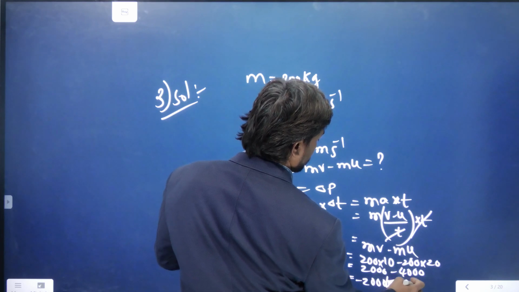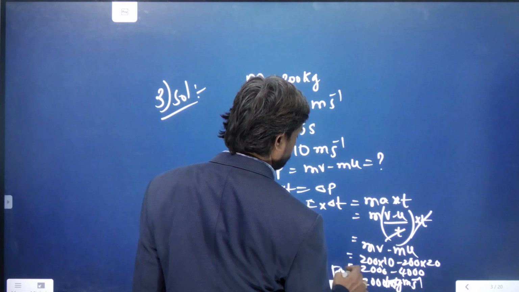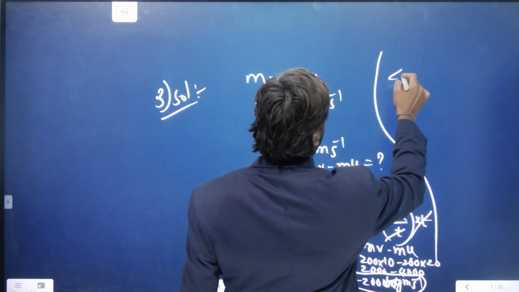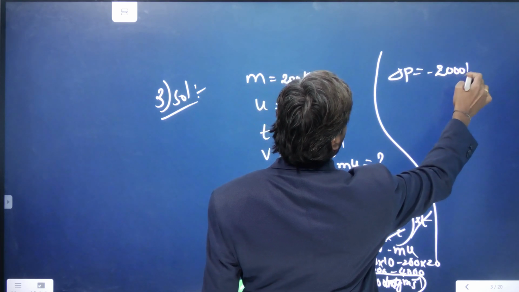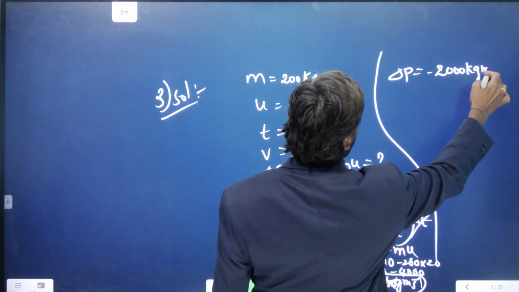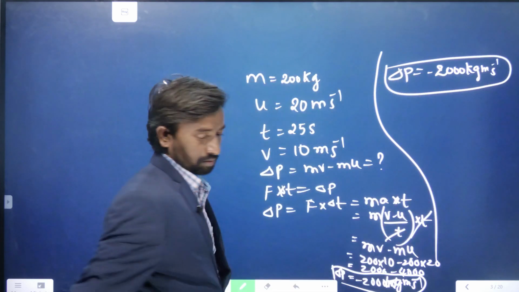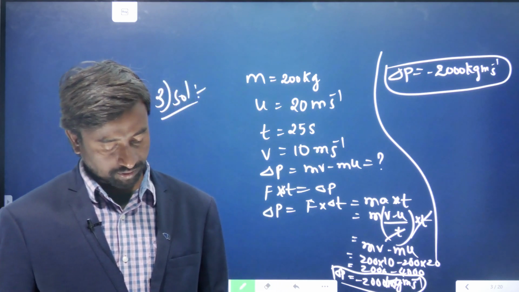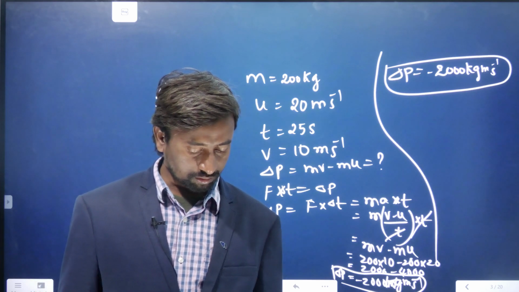This is the change in momentum. This is the answer. The minus sign indicates the direction; only the magnitude we have to consider. So the answer is the fourth option.